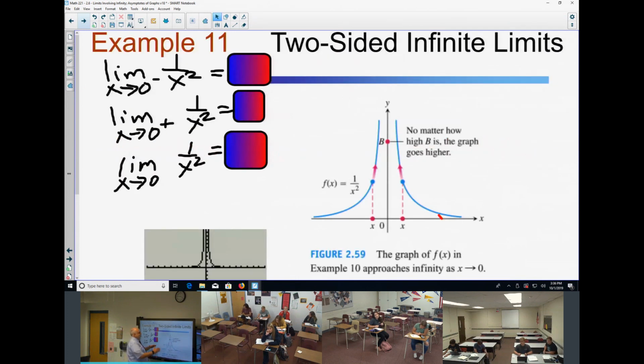All right, so like this one, as x approaches 0 from the left, it goes to infinity. As x approaches 0 from the right, it goes to infinity. So we would say the limit in general is infinity. Okay?